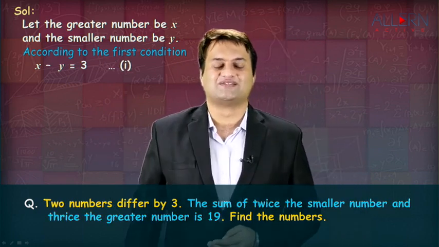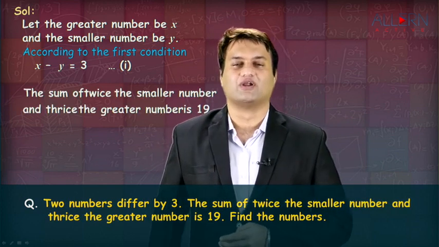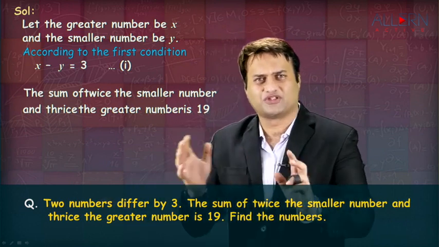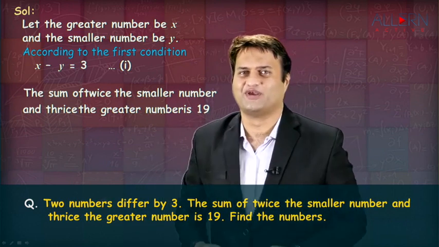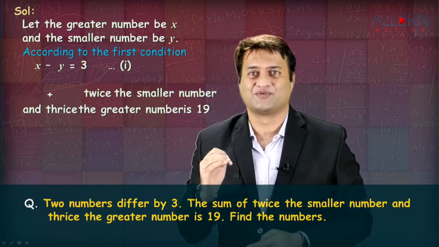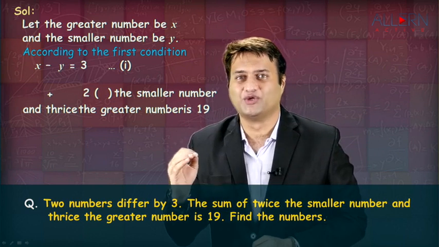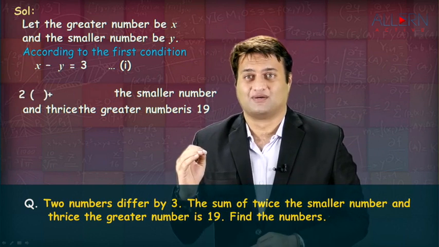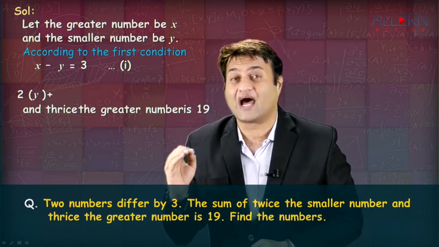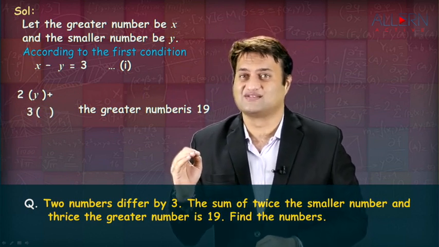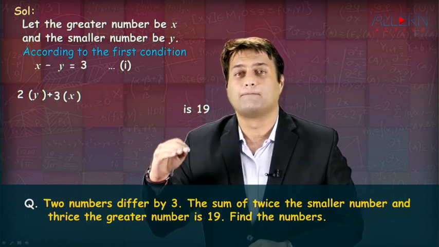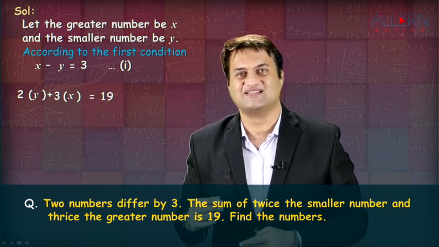The second condition says the sum of twice the smaller number and thrice the greater number is 19. Let's go step by step, use our rules to form the equation, right? The sum is plus, twice is 2 into, smaller number is y, so 2y plus thrice the greater number, thrice is 3 into, the greater number is x, so it's 2y plus 3x is equal to 19.